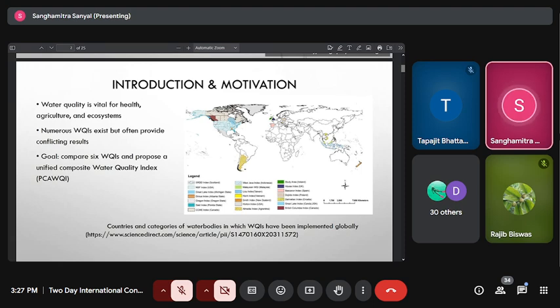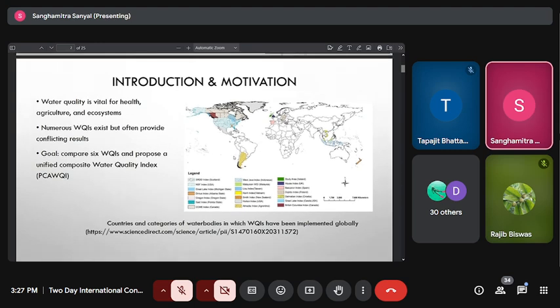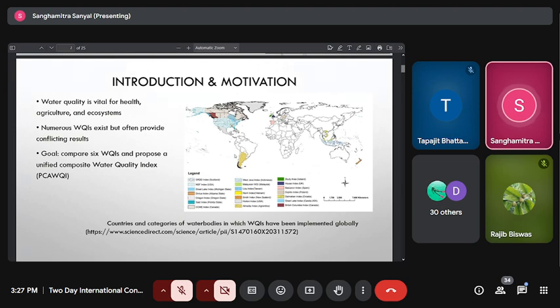As you can see from the image here, there are numerous water quality indexes that are used all over the world. Actually, there are quite a few used in India itself. The basic idea of water quality indices, in short, is that there are various water quality parameters.